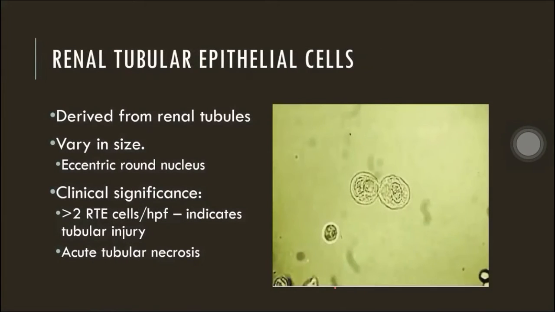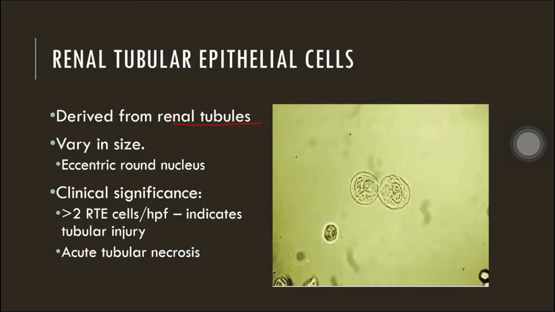Next epithelial cell, we have the renal tubular epithelial cell. Just from the name itself, it is derived from the renal or kidney tubules. Once you see this in a specimen, it may indicate kidney injury or tubular injury. It varies in size.